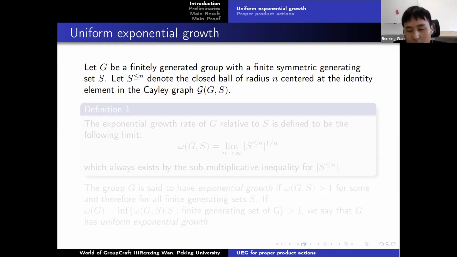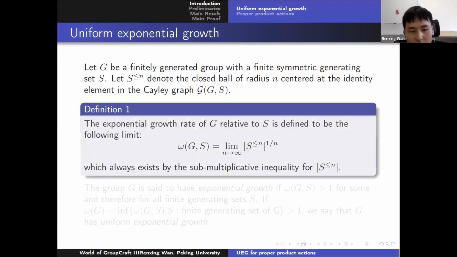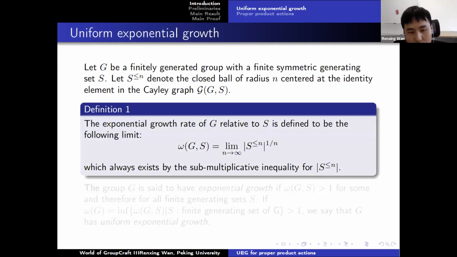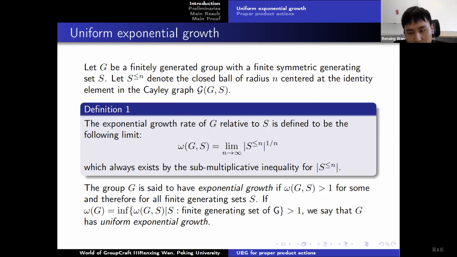You can see the ball, and we count how many group elements it has. Then we define the exponential growth rate of G relative to S. It is defined to be the limit, which always exists.